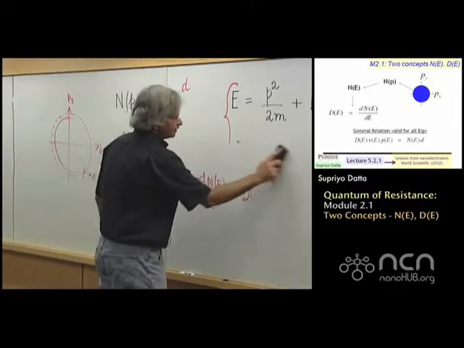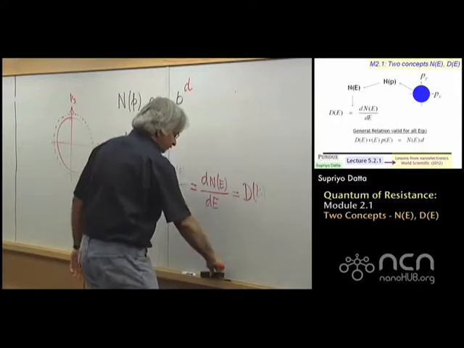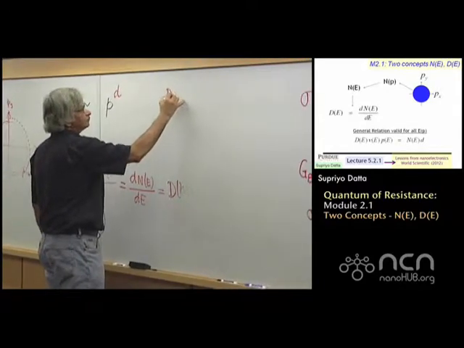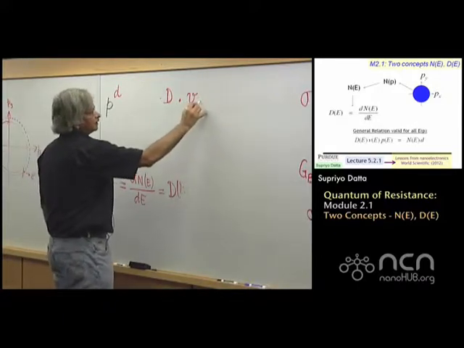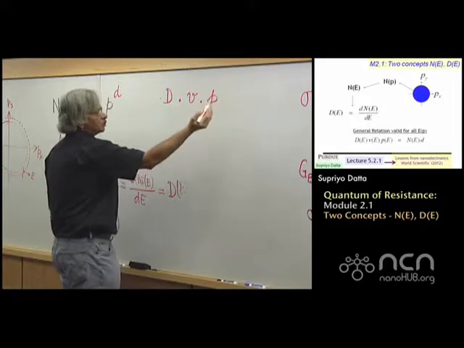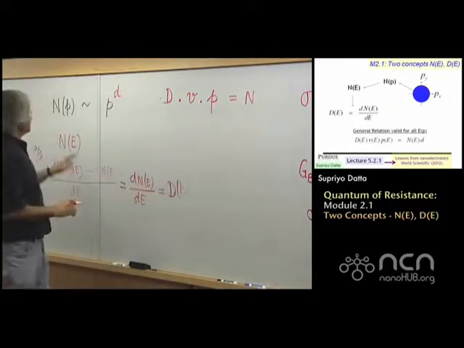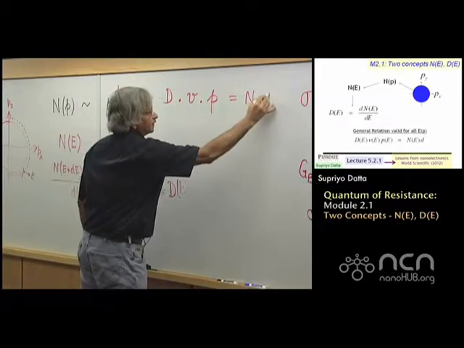And let me explain. So that relation, let me first state it. The relation looks something like this, that the density of states times the velocity at a given energy times the momentum should be equal to N, this number of states, times the dimensions.